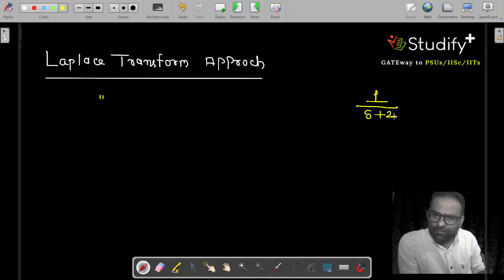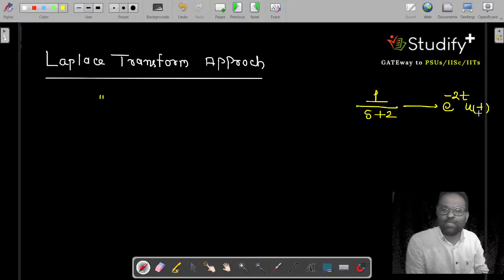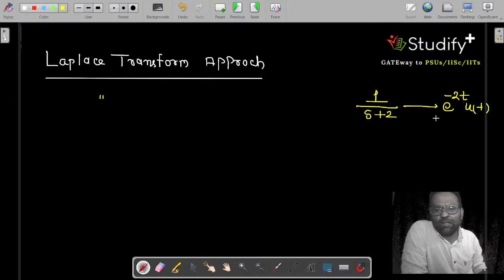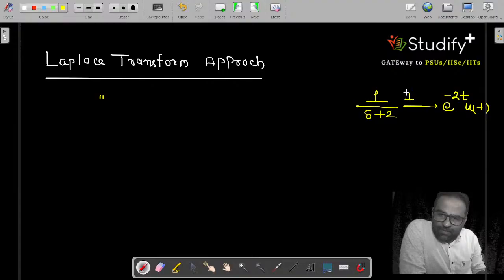If you are aware of this, then you can say it is e to the power minus 2t times u of t, meaning this solution is valid only for t greater than 0. Only some very easy Laplace transforms, up to second order, are required.